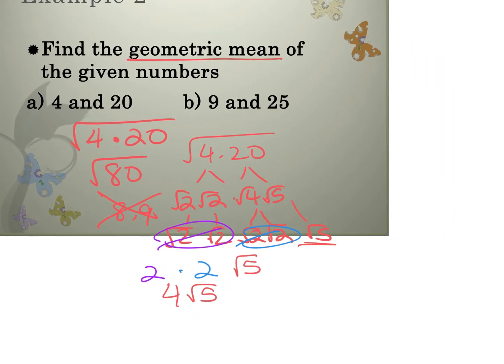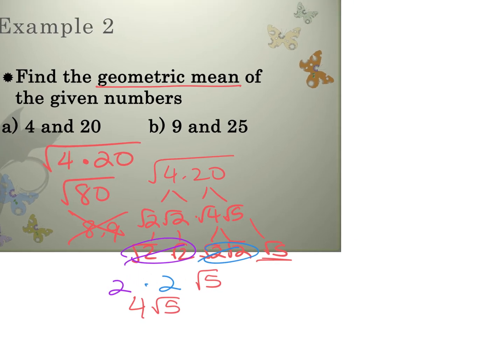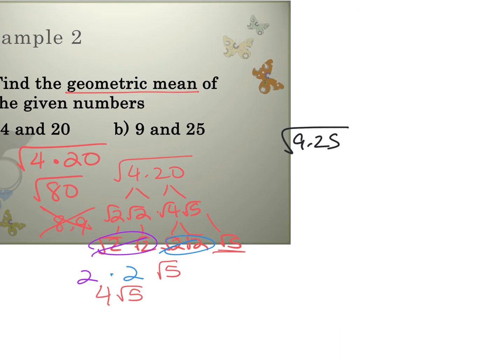Because you're using a calculator, you could have quickly done 4 times 20 and hit that square root button. As soon as you see it's a decimal, go back and then do the factor tree. On this next one, if you do 9 times 25, if you think about it, 9 quarters is $2.25. If I square root that, that's 15.